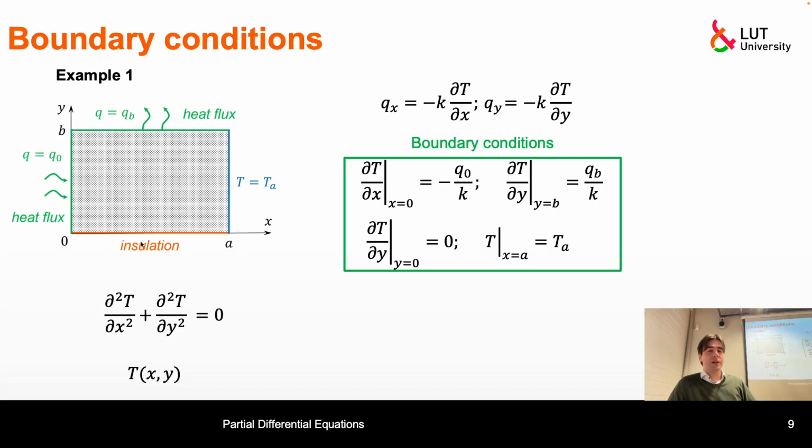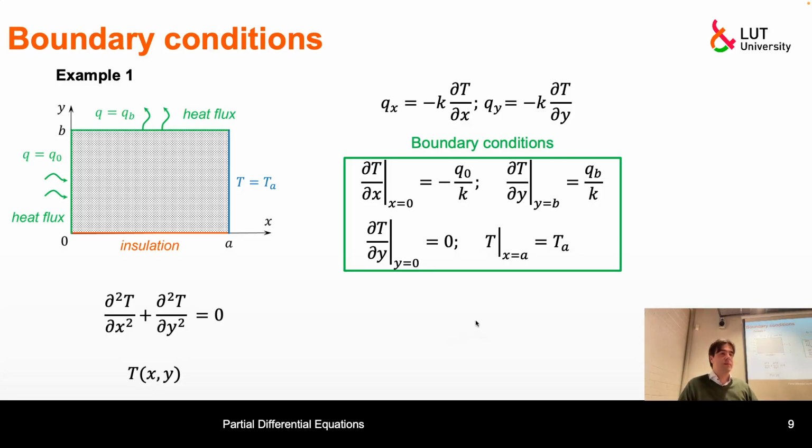And on the bottom side, it's insulation. Insulation means that there is no heat propagation across that boundary, which means that there is zero heat flux. So we can just use zero values in this Fourier's law, and substituting the appropriate orientation, we get this partial derivative with respect to y, because this face is orthogonal to y, and it must be equal to 0.